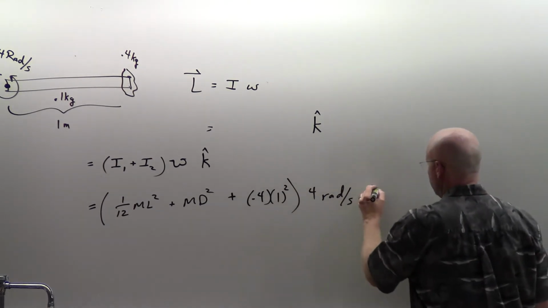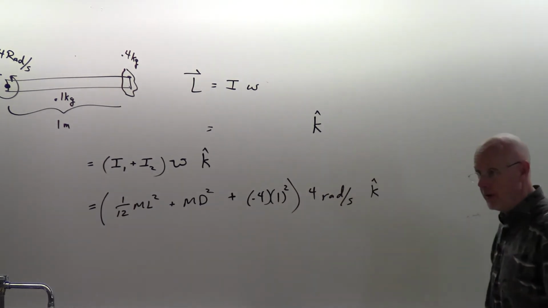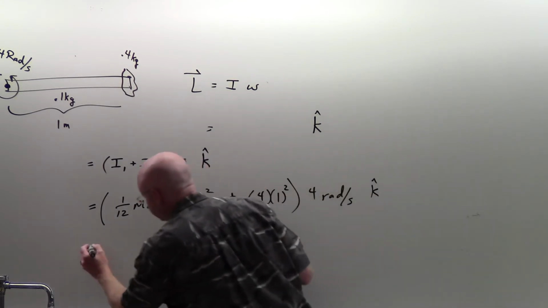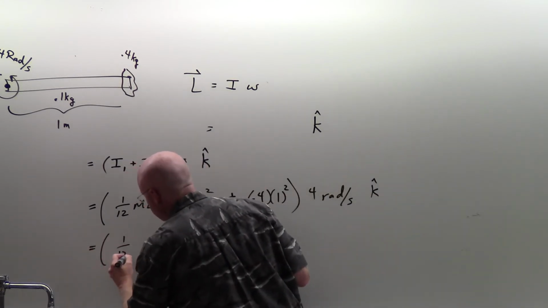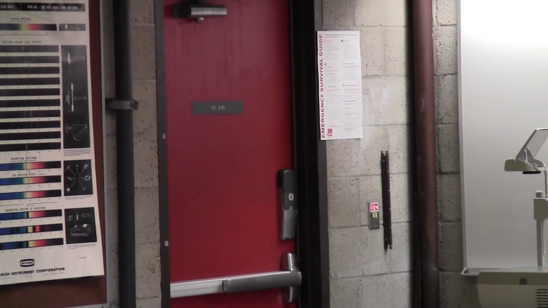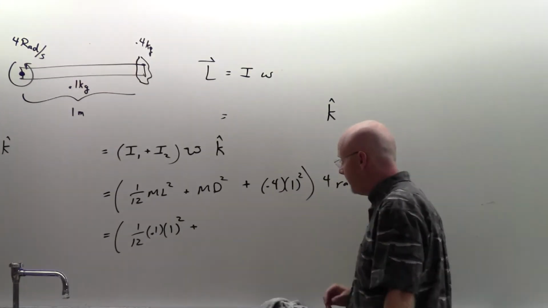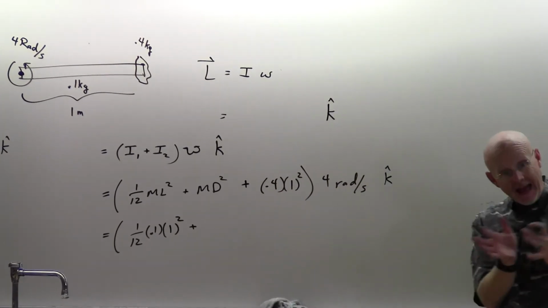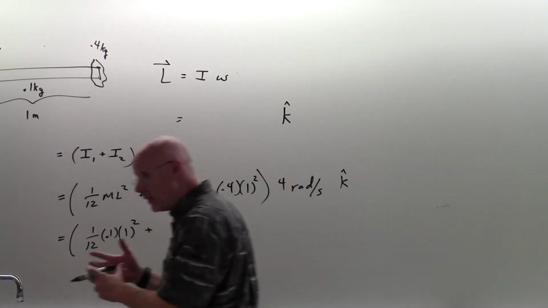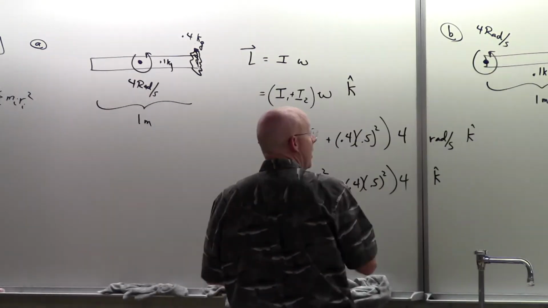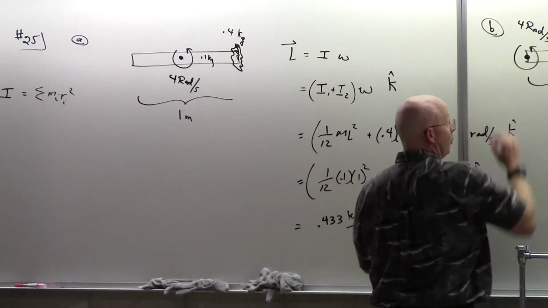And so there would be my equation for the angular momentum. So putting in these numbers, I have 1/12. I have a 1 kilogram for the mass of the meter stick, and the length of the meter stick is 1. The parallel axis theorem then says that the moment of inertia about that point is how far did you move off of center.